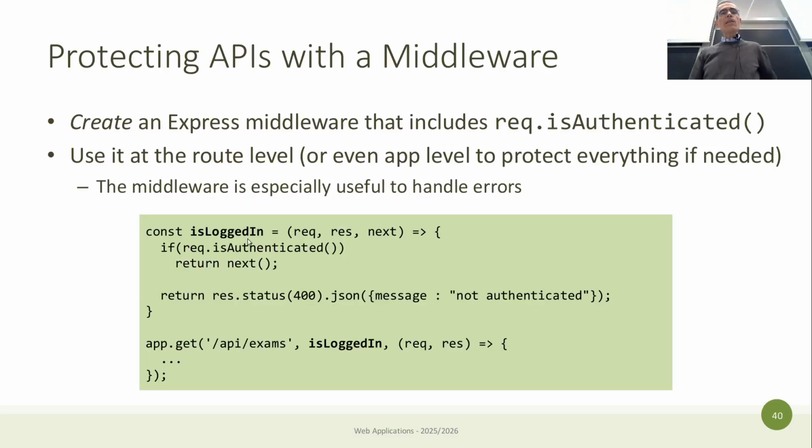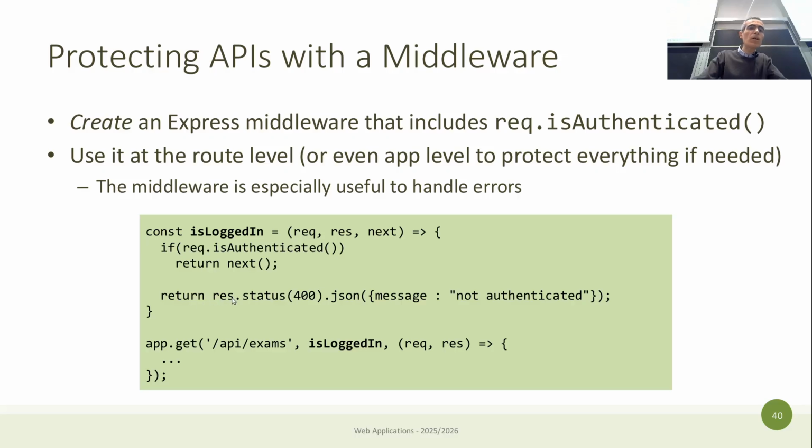We call it isLoggedIn, req, res, next. That's the way in which we write a middleware for Express. So request, response object and next, which is a function to be called at the end to proceed with the rest of the functions that handle the request. If req.isAuthenticated, return next. That's fine.